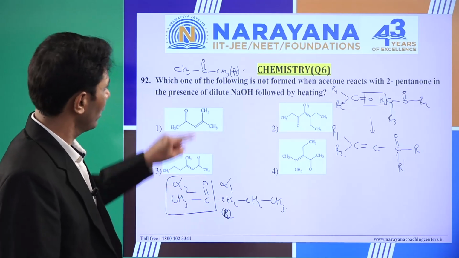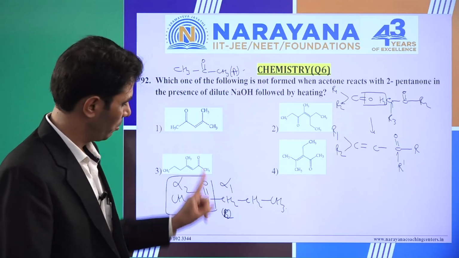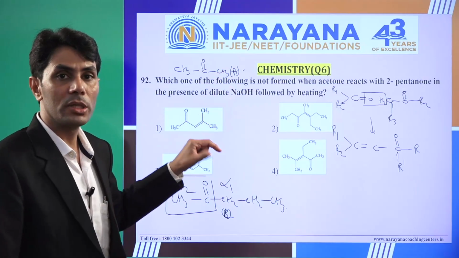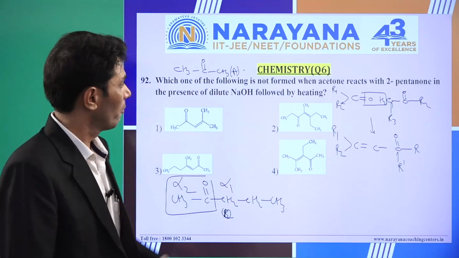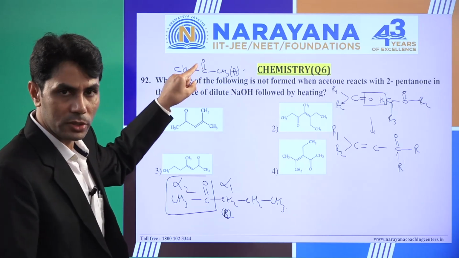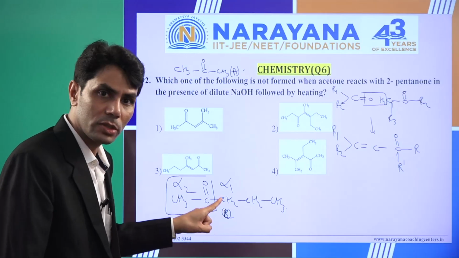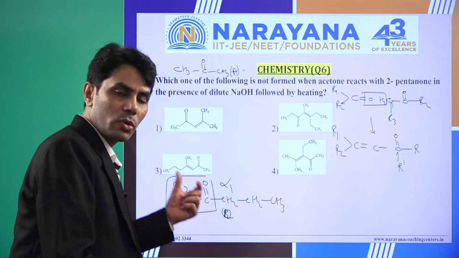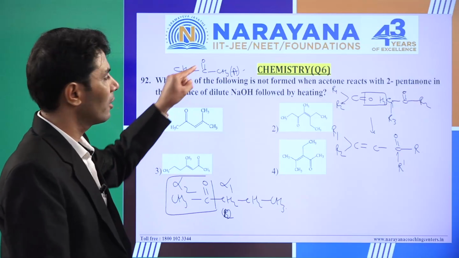But still, we can say A plus A, some product, B plus B, again some product, and intermolecular means crossed aldol also. We can use double bond O of this compound and alpha hydrogen of this compound, or vice versa.